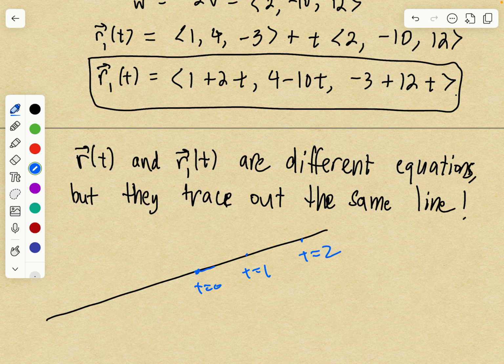If the car goes out forever, it's going to go forever along this line. And if you made t negative, 1 second before, so t equals -1, t equals -2, and you make it go backwards, it'll go forever in the opposite direction.